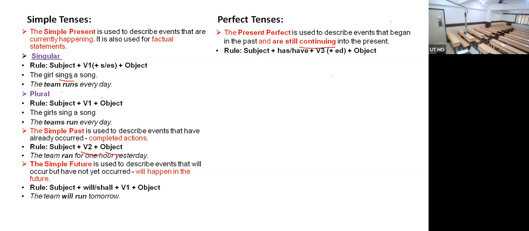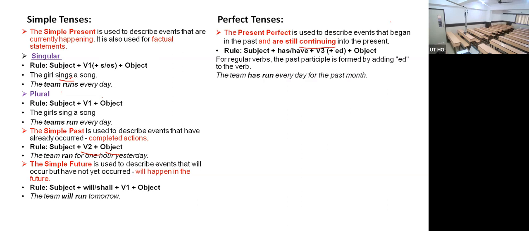Now it is not in the past tense, but since it has started in the past and is continuing in the present, usually we have the ed verb come in. So the team has run every day for the past month. So if you look at the sentence, every day for the past month, something that has happened in the past and is continuing into the present.